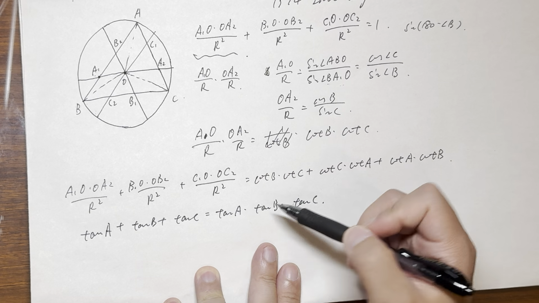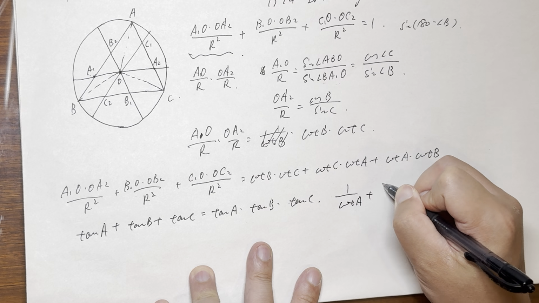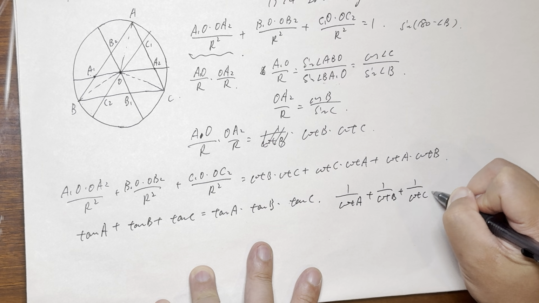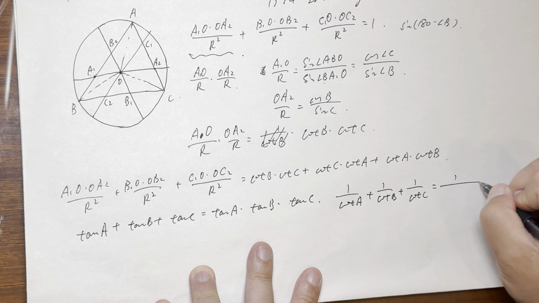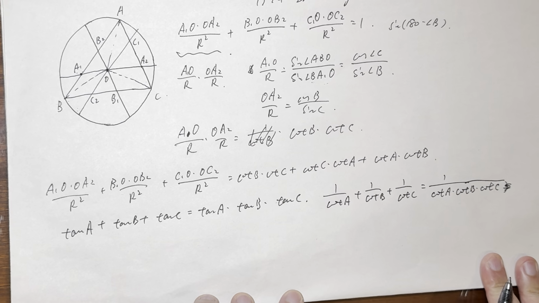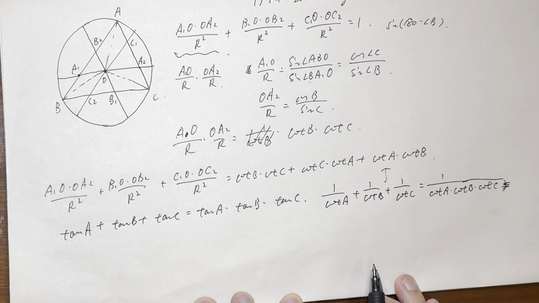And based on this, we know that 1 over cotangent A plus 1 over cotangent B plus 1 over cotangent C equals 1 over cotangent A times cotangent B times cotangent C. Okay, from this term, we know this is true, right?